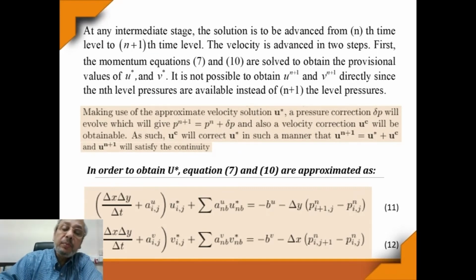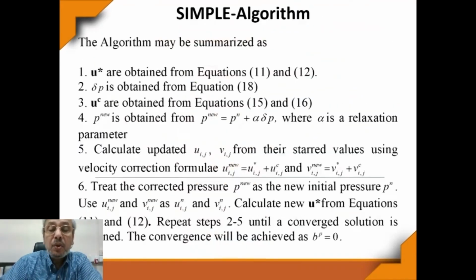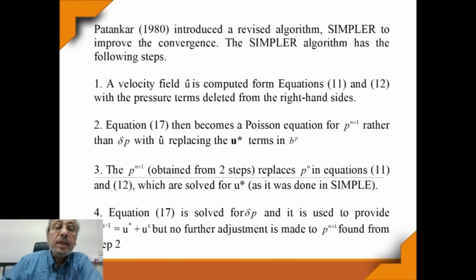You remove the pressure terms, and try to evaluate, instead of U star, through implicit calculation a quantity given by U hat. So you can see that U hat is computed from equations 11 and 12 with the pressure terms deleted from the right hand sides.